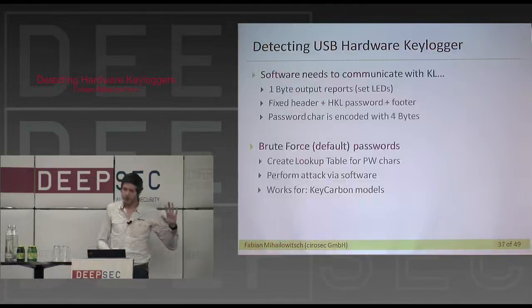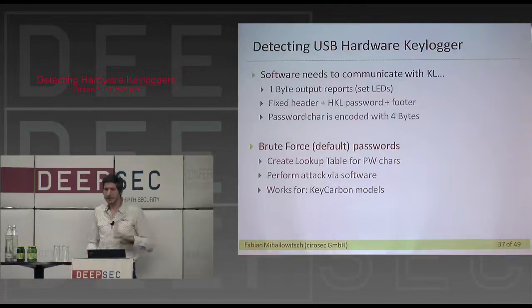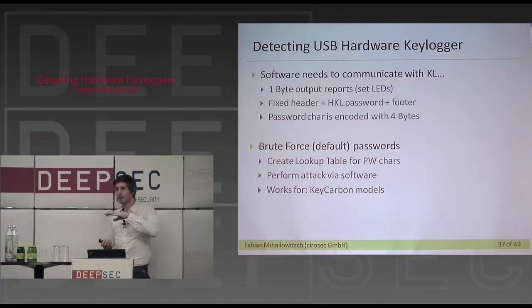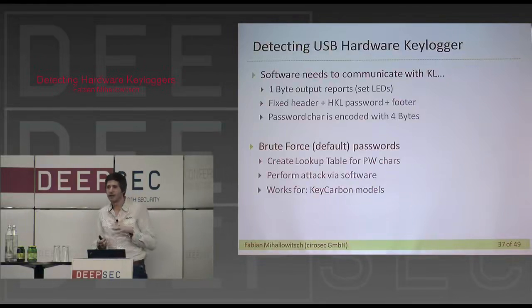If you look deeper into it and analyze the output reports used, you can determine there's a fixed header. Here we are. Then we have the password of the hardware keylogger that is sent, and then we have a footer. For the password sent in that communication, every password character is encoded within 4 control transfers, which means 4 bytes are transferred.